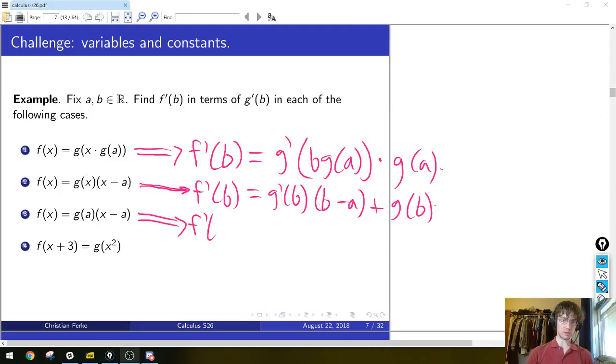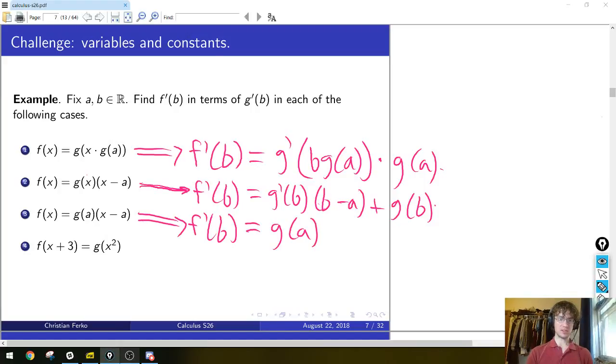So what is f prime at a point b for this third function? Believe that g of a is a constant here. So we only need to take the derivative of x minus a. So it is overall g of a. Yeah, exactly.